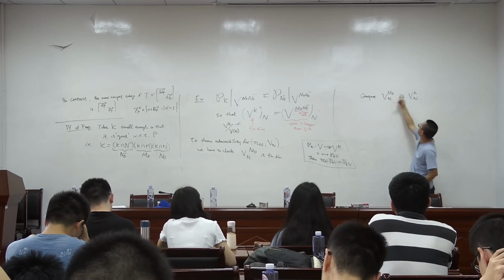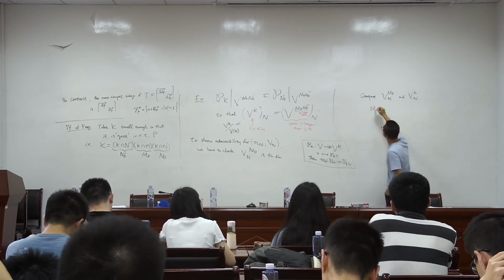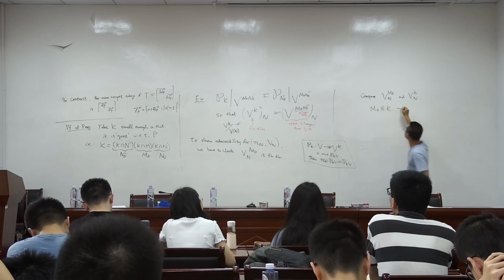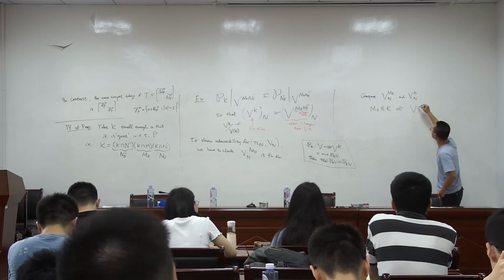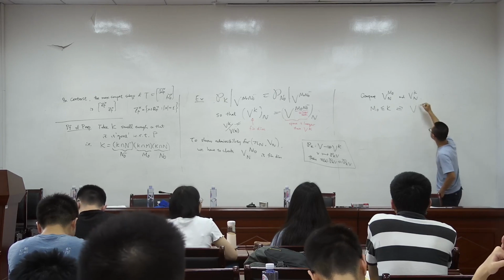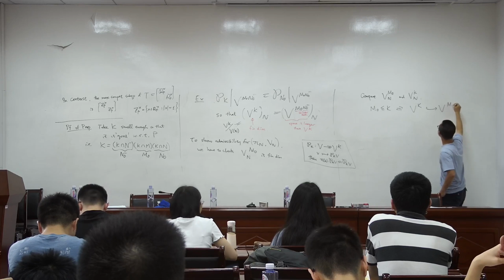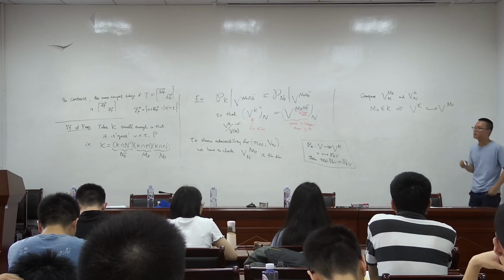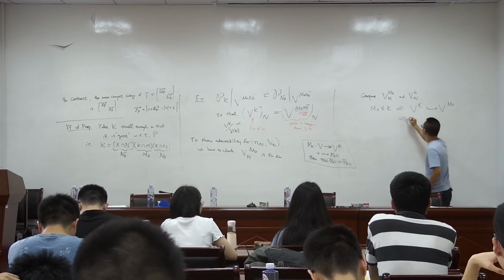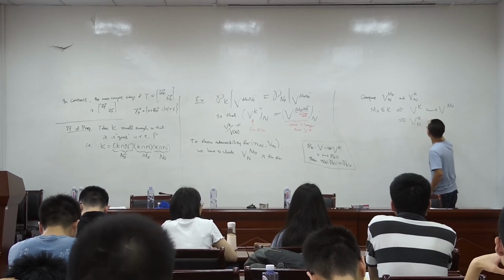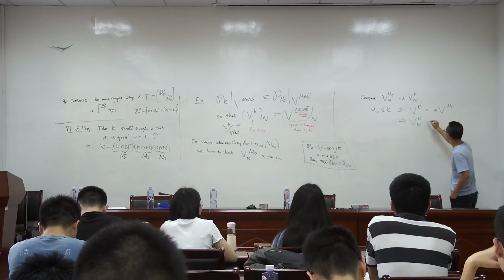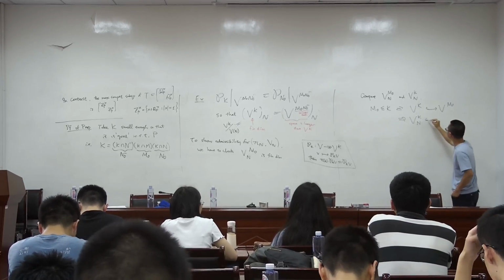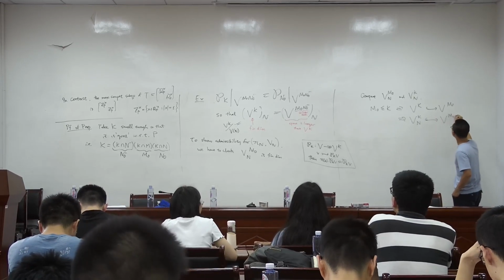Well, M0 is a subgroup of K. Then if you take the fixed point space, you reverse the arrow, so you have V^K lying inside V^{M0}. And of course this is the same if you apply the Jacquet module. But this has smaller dimension, that's what I want to say.